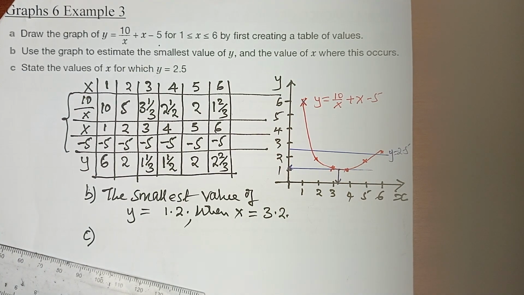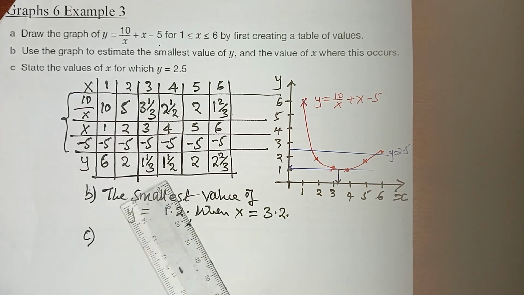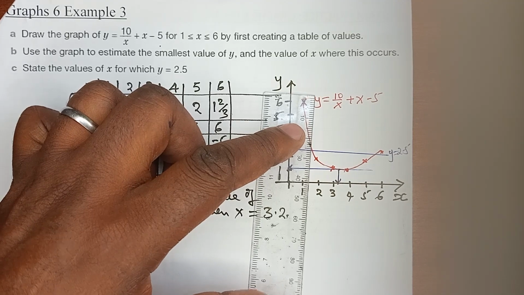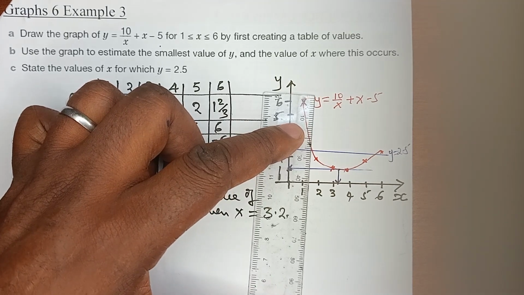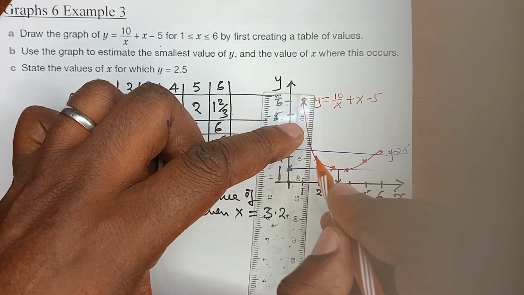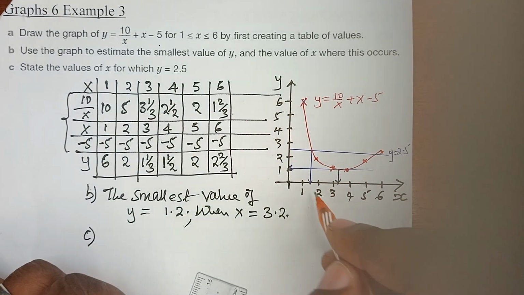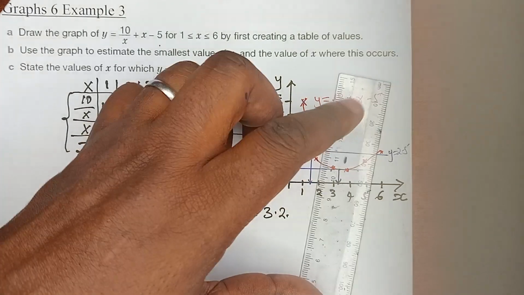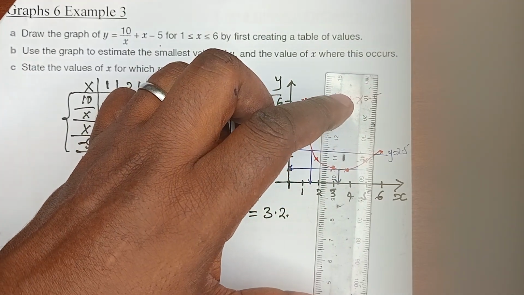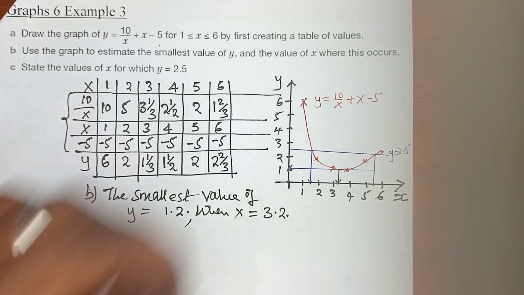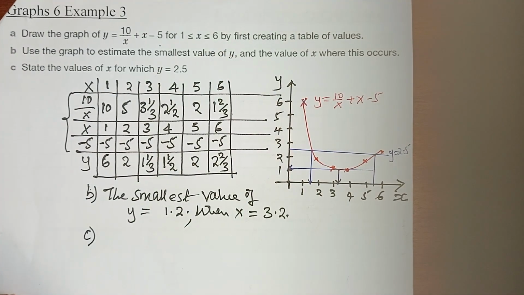Our duty is to find out what value of x gives y as 2.5. So we drop a line there, and we find that is around 1.6, and we drop another one here, and we can see that is 5 point something.